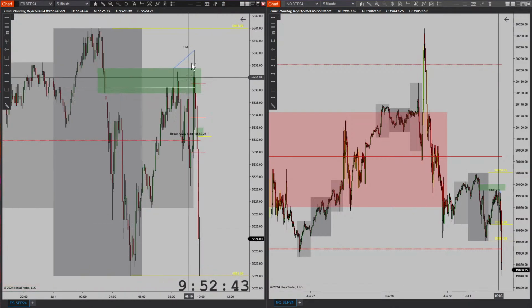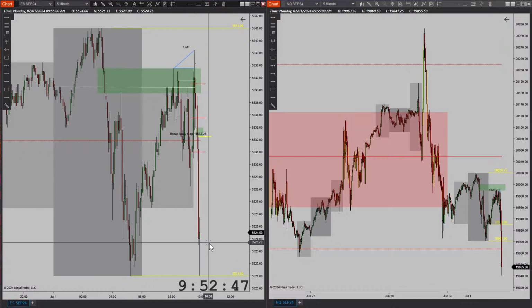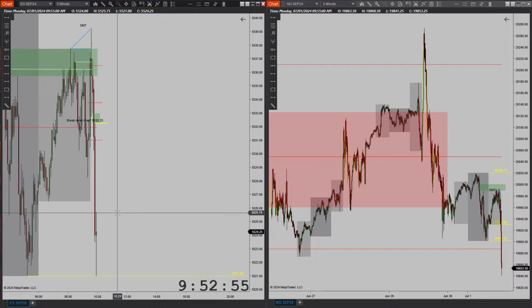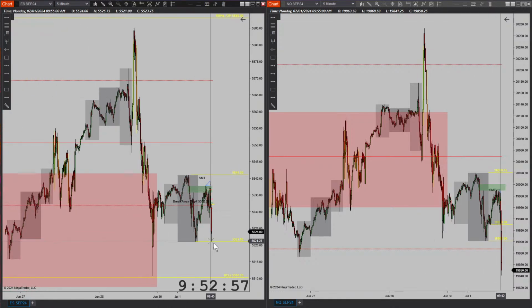So whether price comes back up to here or whatever, I do want to continue to see structure build, so that I can eventually get into another one. But as it stands right now, we haven't. We've already taken out the lows over here.